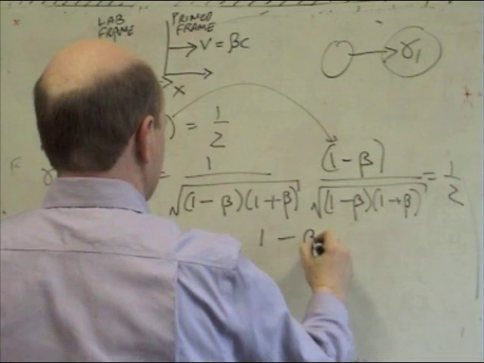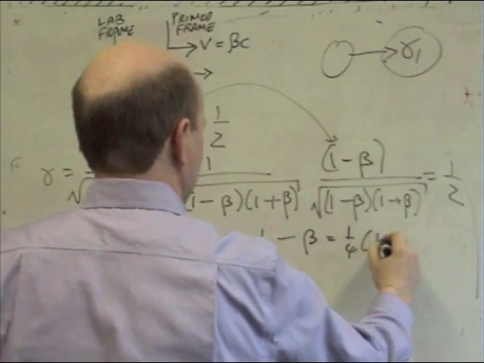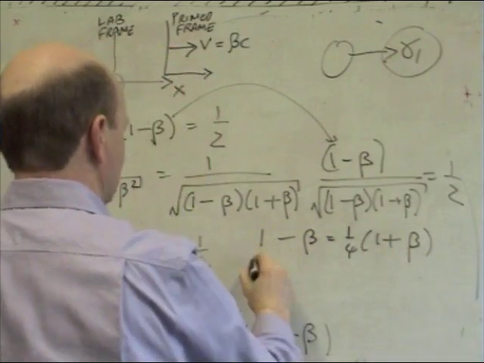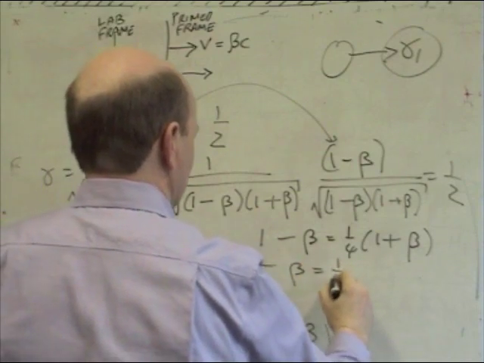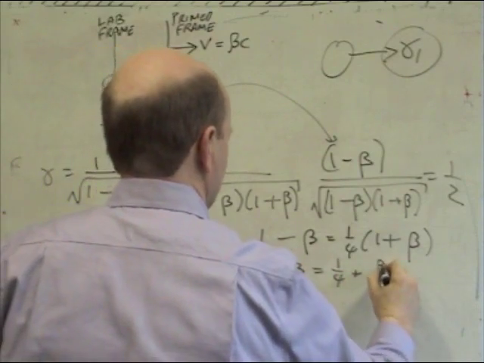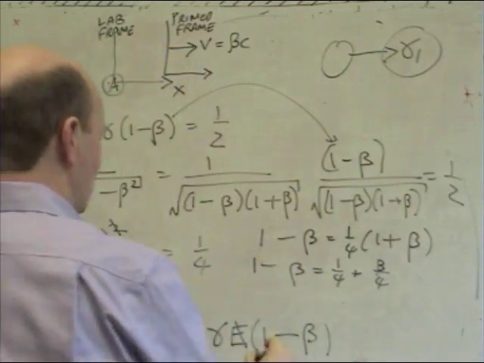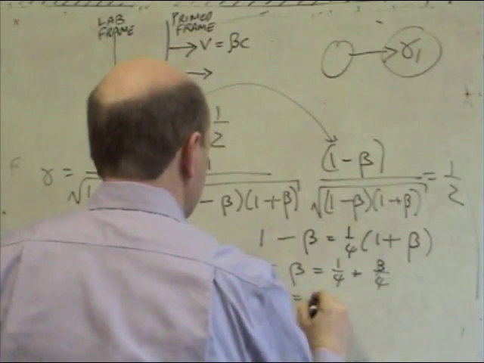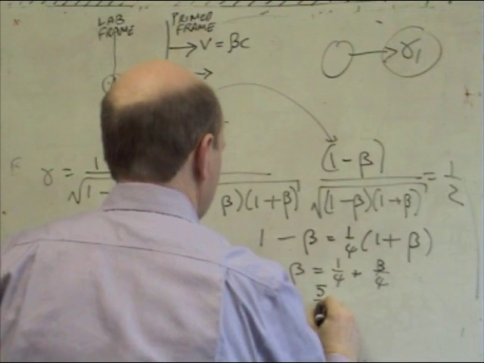We get 1 minus beta equals 1/4 times 1 plus beta, or 1 minus beta equals 1/4 plus beta over 4, or 3/4 equals 5/4 beta.